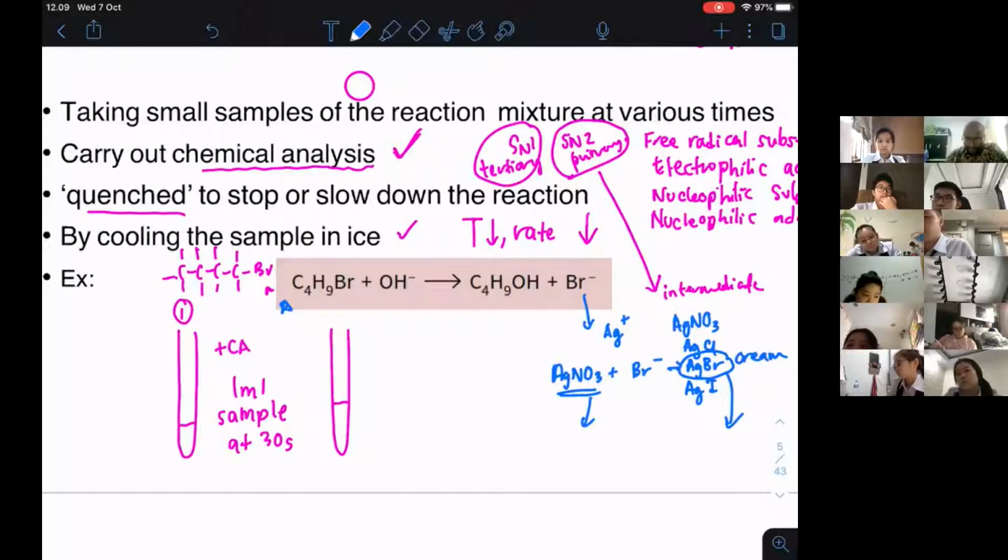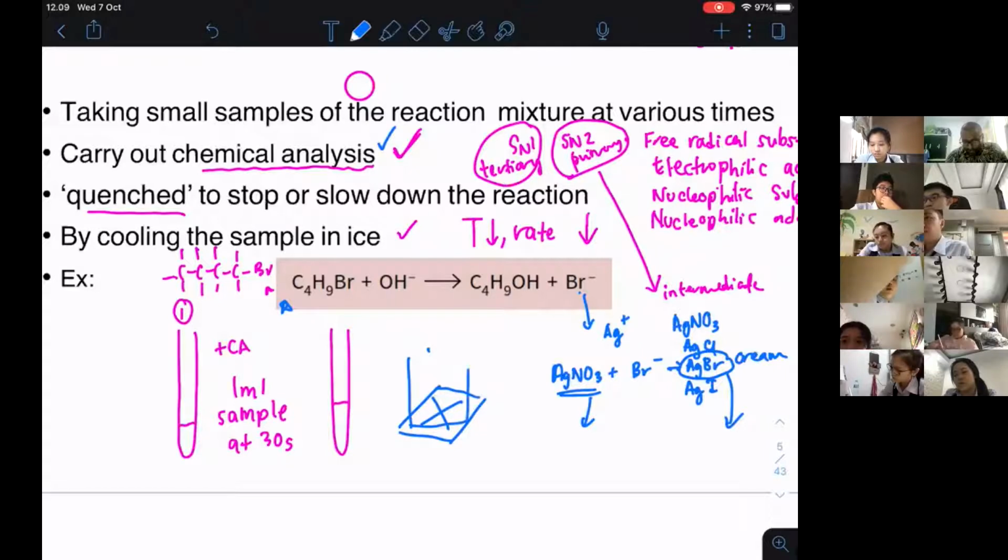So this is where the chemical analysis will come in. Or sometimes we use the rate of reaction: you can put a white piece of paper with an X on it, and then put a beaker on top, and then it will become cloudy, right?